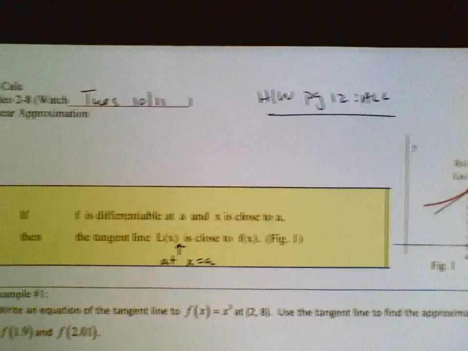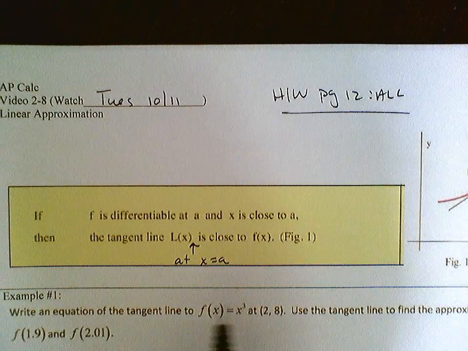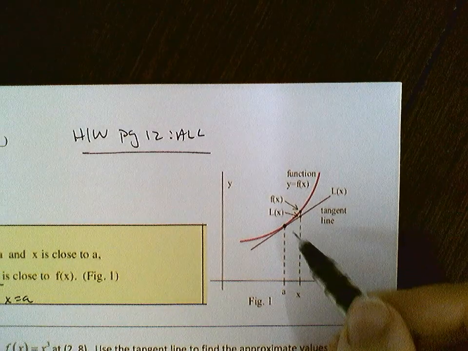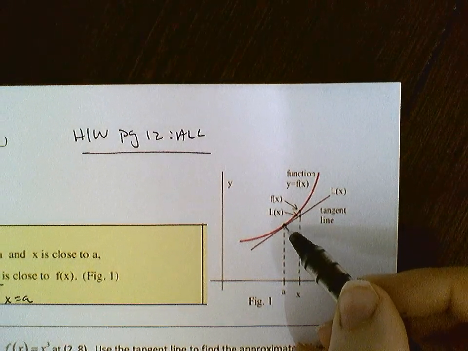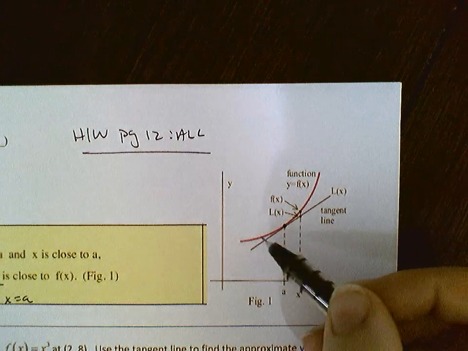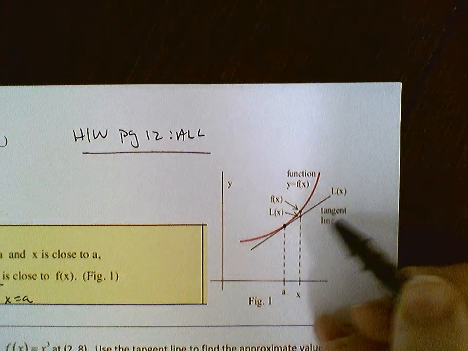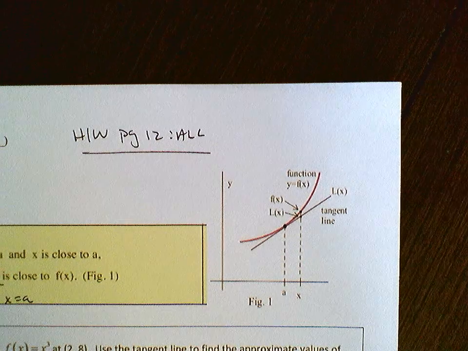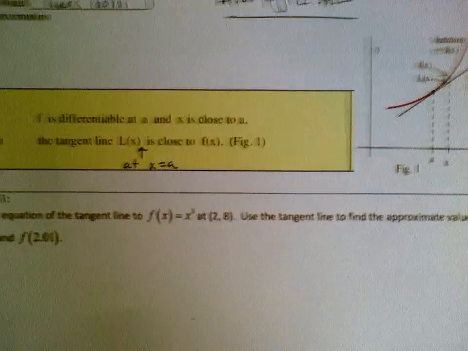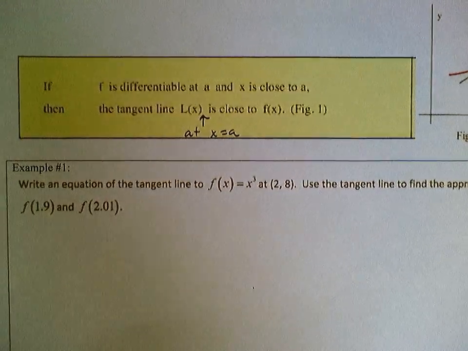And you could take a look at the figure there, and this is basically local linearity. If you zoom in over and over at this point here, then pretty soon the function is going to look just like the tangent line. All right, that's the idea of local linearity. And we're going to use that idea to approximate function values.